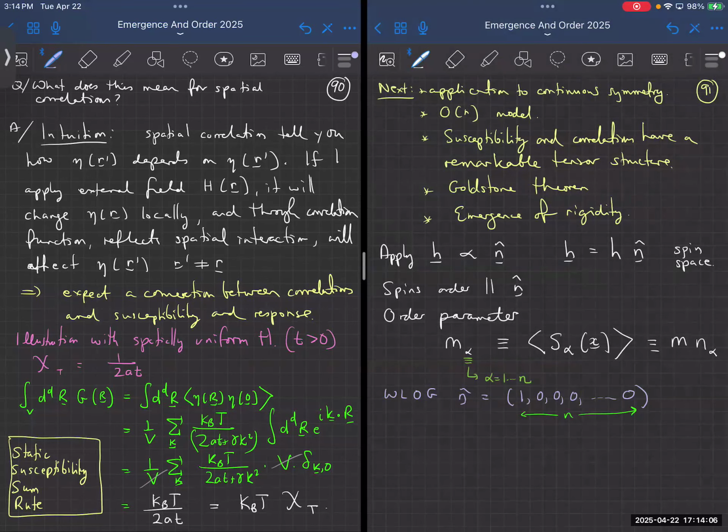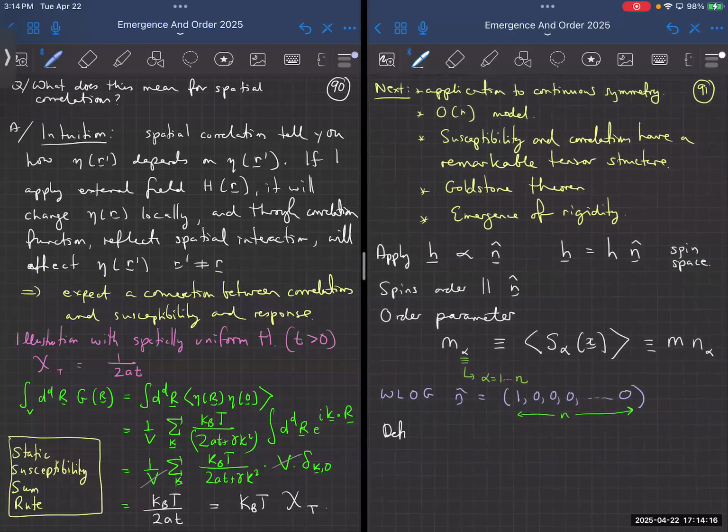So our spins have ordered, and now we're going to look at what happens when I apply an external field. So I'm going to define two types of correlation function. So the first one is the longitudinal correlation function. And you'll see why it's called that.